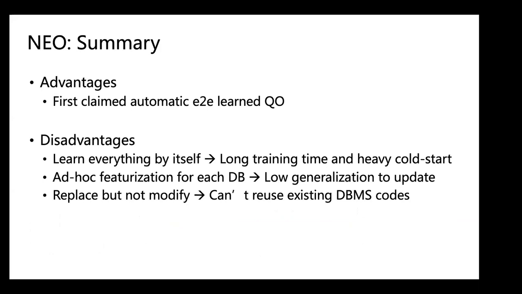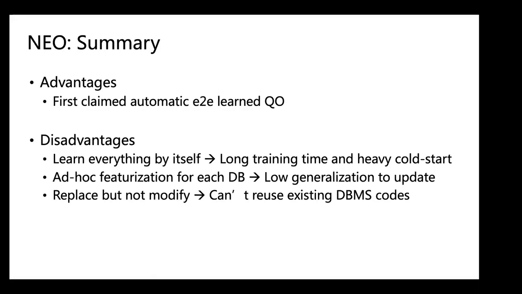You need to wait a long time for it to be trained to a performance approaching an existing query optimizer. And its featurization is very ad hoc for each database, so it has low generalization ability, and it's very hard to update.